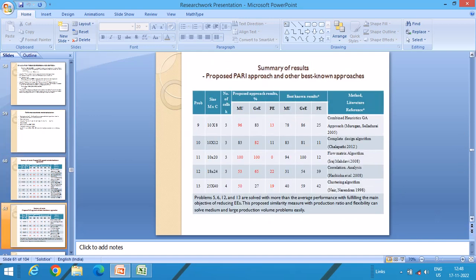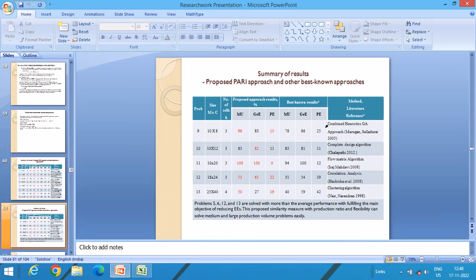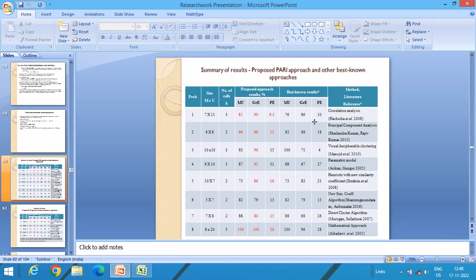So in these 13 problems, for almost all the small size and medium size problems, we have got good results through machine utilization as well as grouping efficiency.